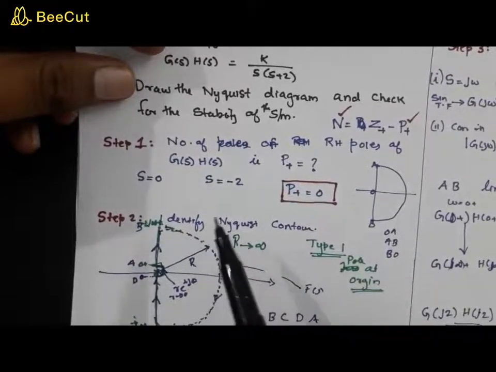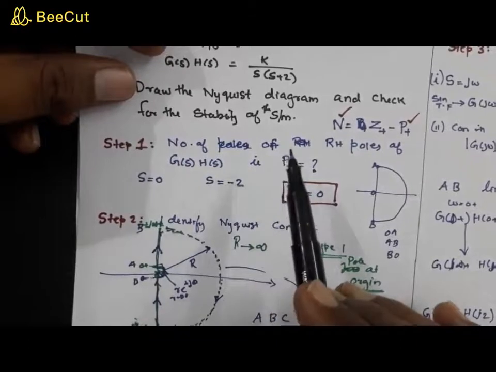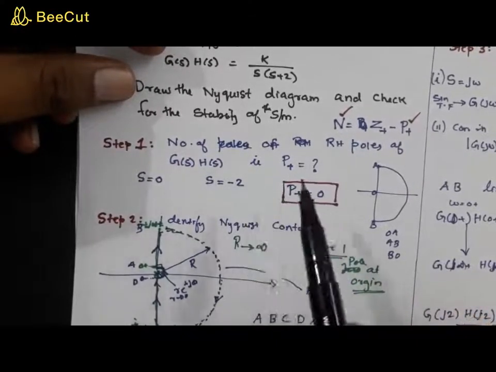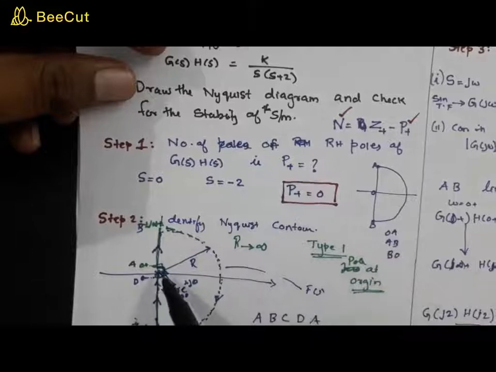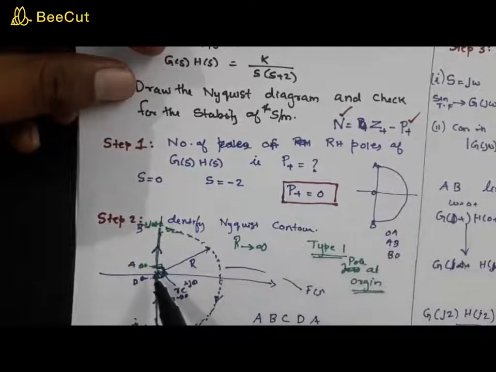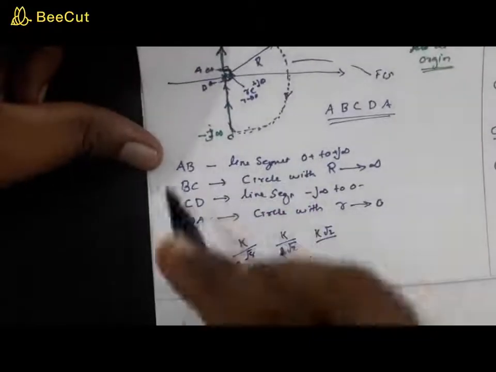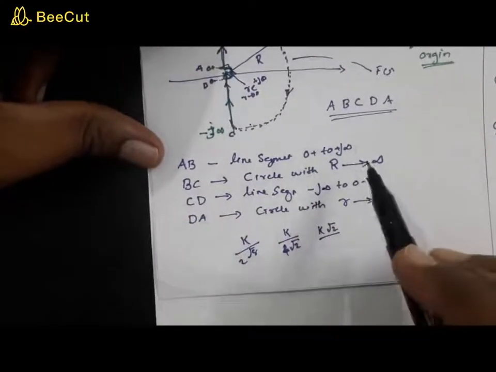So in that case, how this is going to be, that we will study. For the meantime, we'll start with another simple problem where you don't have any pole at the origin, right? Here in this case, since it is a type 1 system, that has to be excluded. So you will be having S-plane like this. You need to exclude this, so that this Nyquist contour, in order to map this, you need to segmentize this.